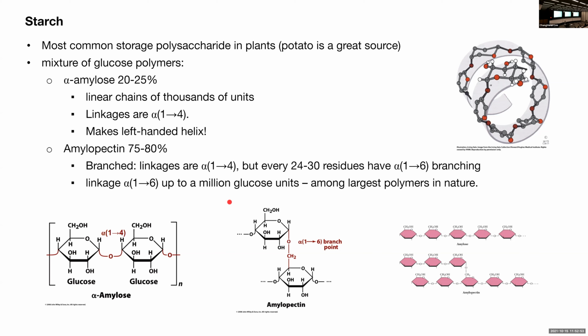All right? So this is an example of the alpha 1 to 6 linkage. And as you can see, here's the exocyclic carbon, and here used to be the hydroxyl that is now deprotonated and also hydrated basically to get this linkage here.